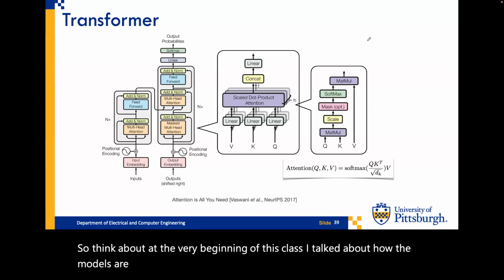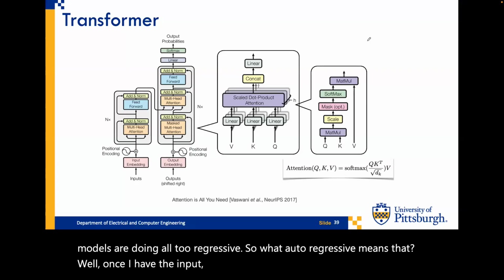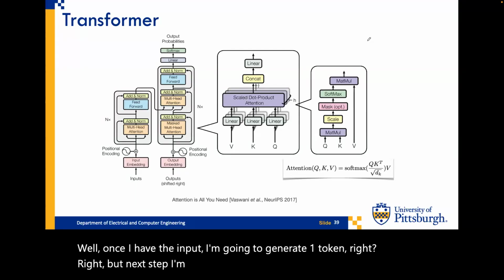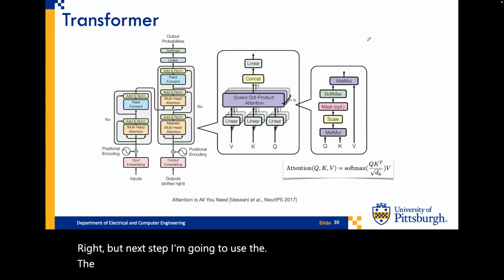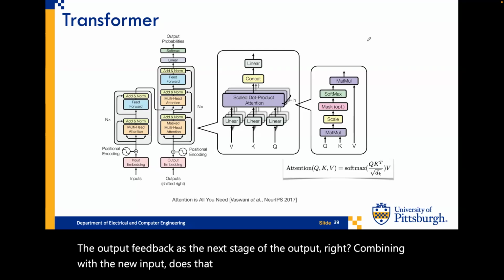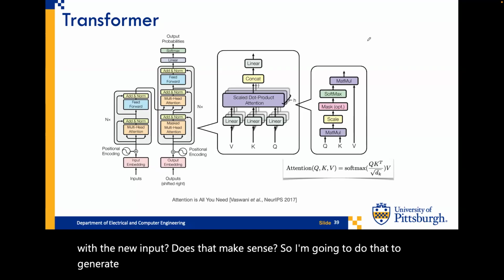What autoregressive means is that once I have the input, I'm going to generate one token, right? But in the next step, I'm going to use the output feedback as the next stage of the input, combining with the new input. Does that make sense? I'm going to do that to generate a new output, right?